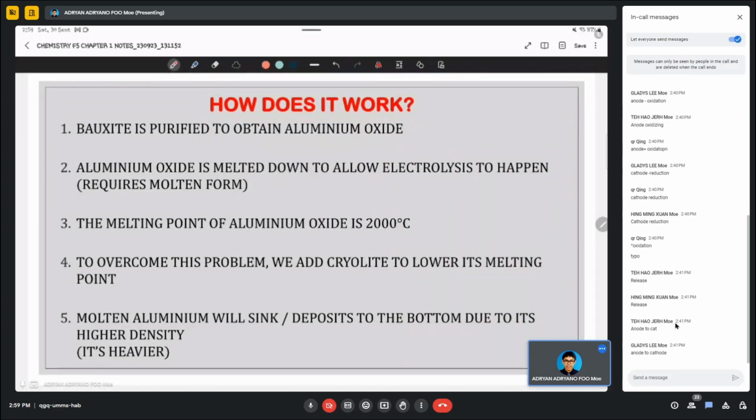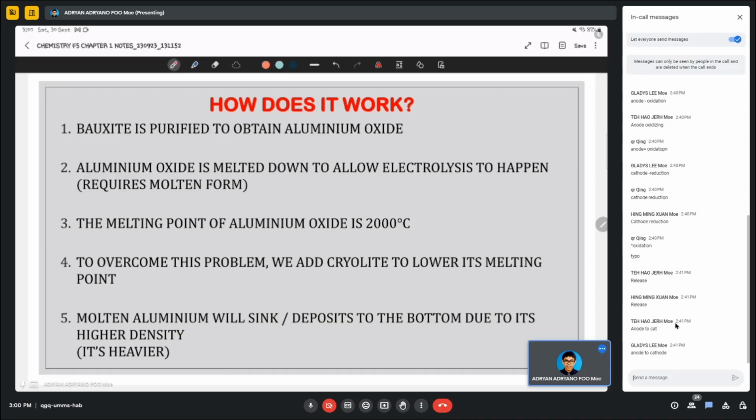Bauxite is purified to obtain aluminium oxide. I first purify the bauxite into pure aluminium oxide. When it becomes aluminium oxide, I can take that aluminium oxide and carry out electrolysis. You remember electrolysis has an anode and a cathode, so it will separate the aluminium and the oxygen, you see? So you can see the application.